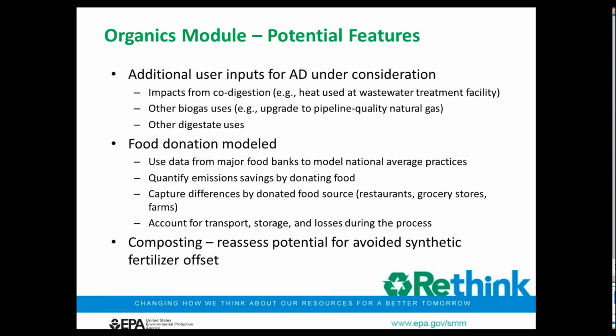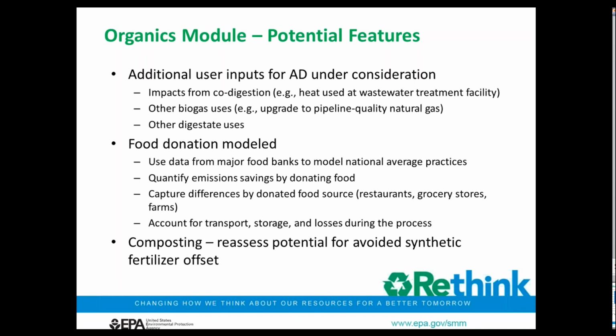But there are some potential impacts from co-digestion that we might not be capturing right now. So for example, if rather than combusting the biogas to produce electricity, you burned it for heat at a wastewater treatment facility, it could have potentially different impacts.